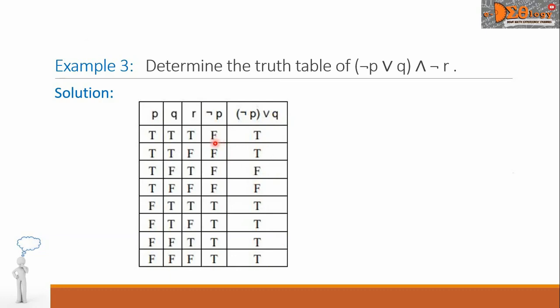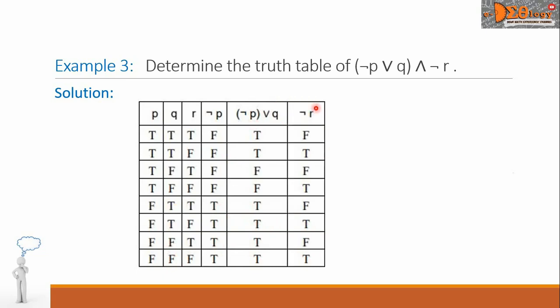So we have F or T is T, F or T is T, F or F is F, F or F is F, T or T is T, T or T is T, T or F is T, T or F is T. So we have completed our column here.